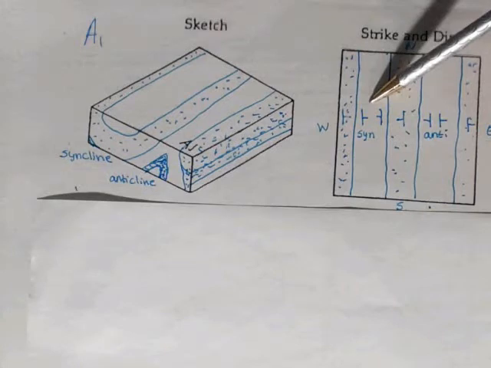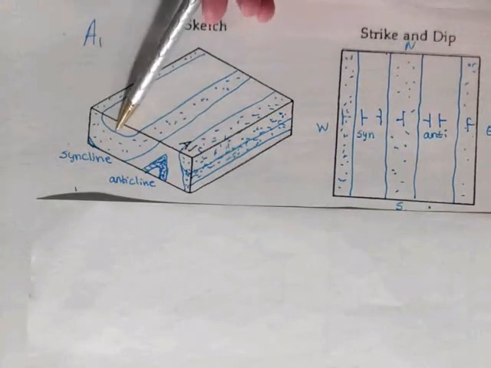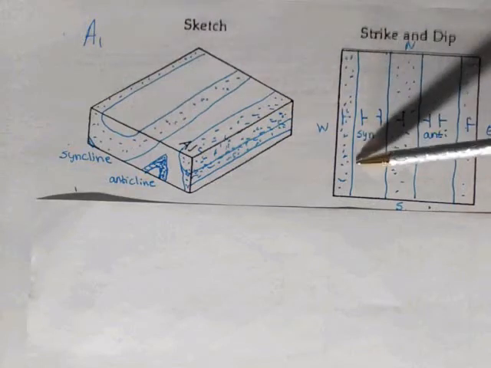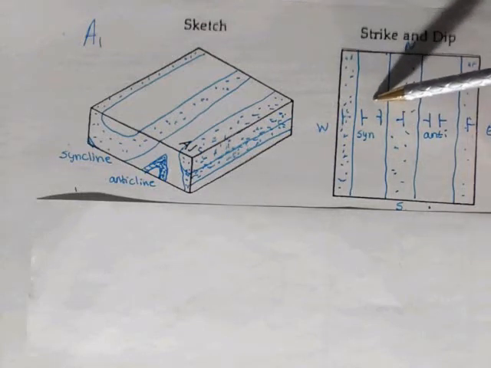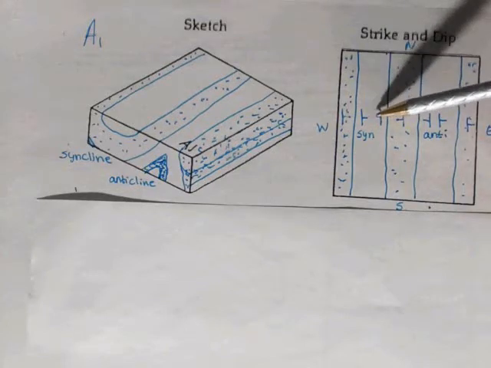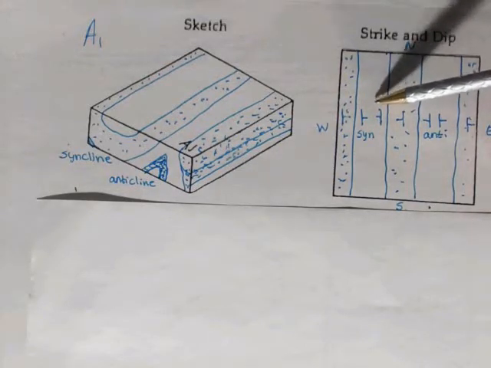You notice here we're at the base of the trough now. In this one I've got two strikes with the dips going towards one another. That little symbol of strike and dip, with two strikes and the dips going toward each other, indicates that you're at the very base of the trough.